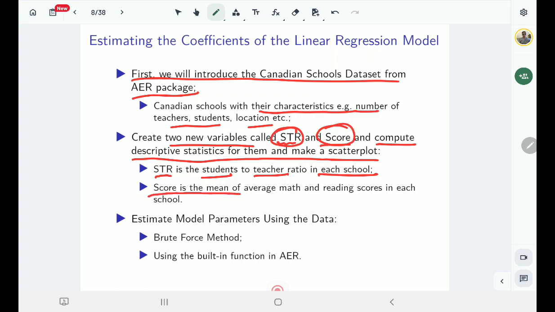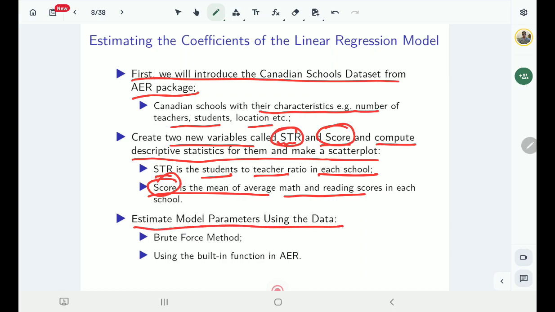Score is the mean of average mathematics and reading scores. So basically we add up the average mathematics and average reading scores at each school, and then divide by 2. That gives us the score variable. Clear? Then we proceed in this way: we estimate the model parameters using this data.